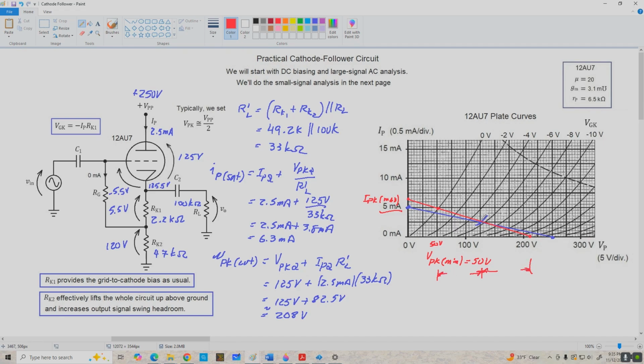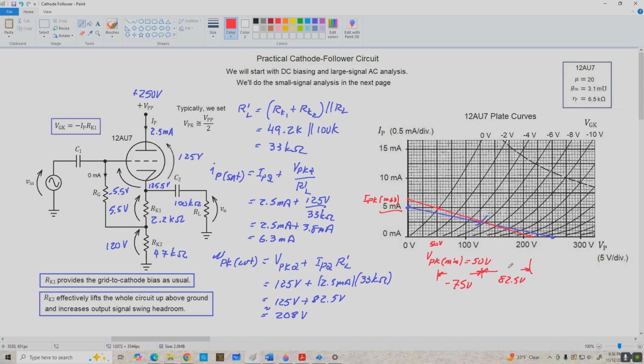So we're finding these voltage intervals here and here. All right, so our swing from the Q point to the right end of the load line, well, that's going to be 82.5 volts. And on the left-hand side, our maximum negative swing is the difference between VPK min and VPK Q, which is about negative 75 volts.